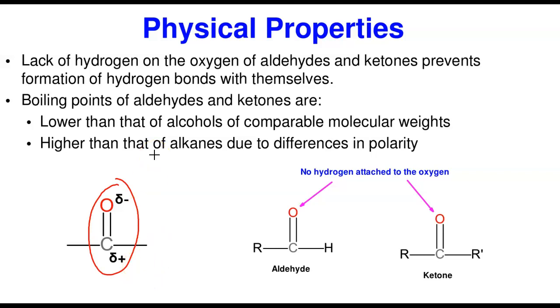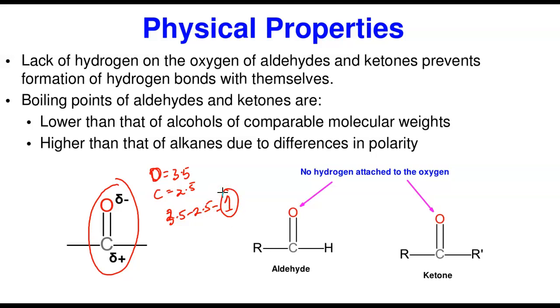Again, don't forget, this is polar. This carbon to oxygen bond is a polar bond because oxygen has an electronegativity of 3.5, then carbon has that of 2.5. And by the time you do 3.5 minus 2.5, that gives you 1. And 1 is in the vicinity of polar. So this bond is very polar.